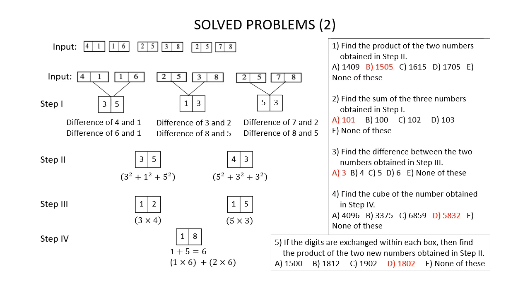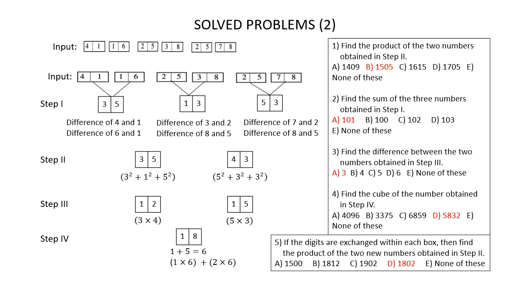Also, according to the pattern, we know that to find the second number of step 1, we have to consider the third and fourth input numbers. So here 3 minus 2 is 1, 8 minus 5 is 3. So 13 is the second number in step 1. And to get the third number of step 1, we have to consider the fifth and the sixth input numbers.